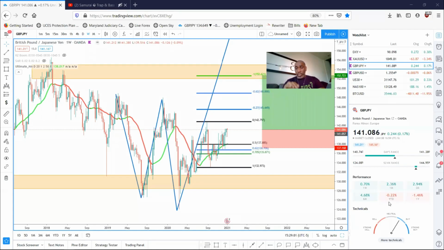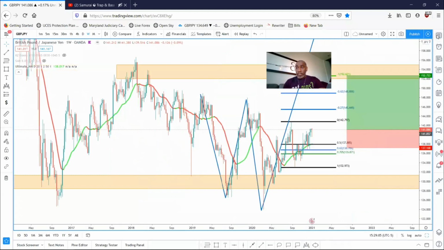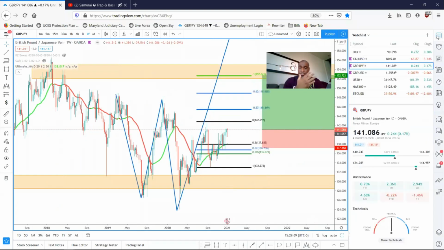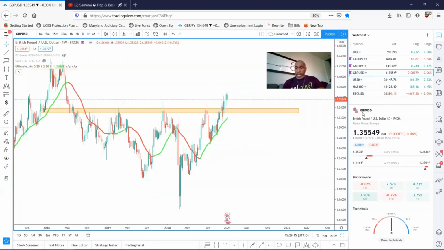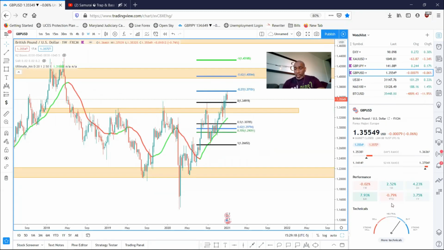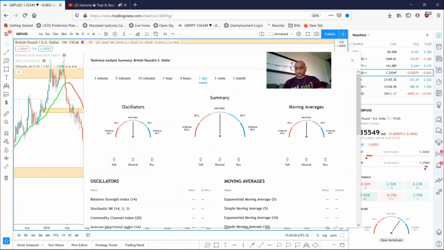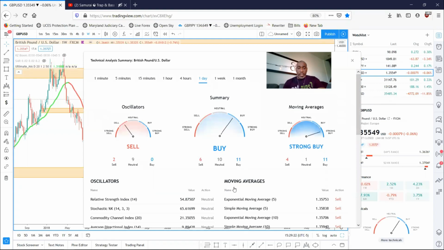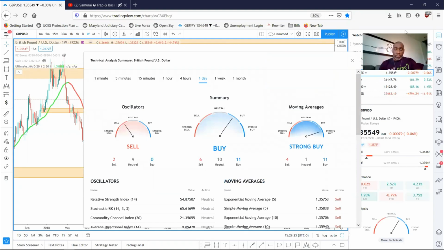Sometimes you can actually just scroll up in this particular area because this little button here up in the corner pulls out your panel, allows you to have your watch list, and then whatever pair that you're using, it'll actually switch it out. And then just scroll down until you see more technicals. And this basically gives you all of your technical data on that particular pair.